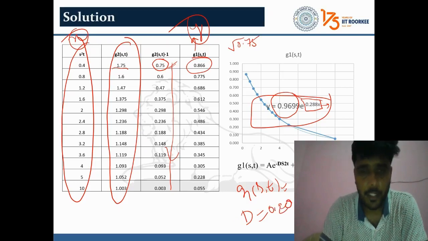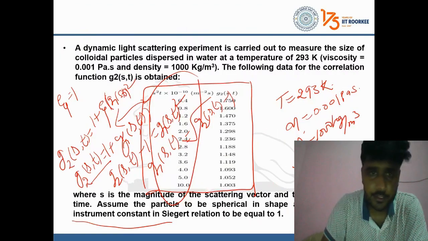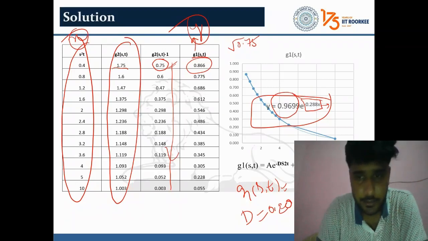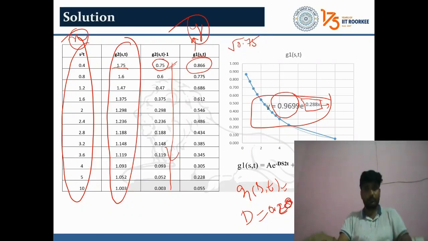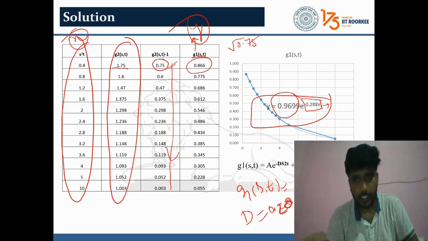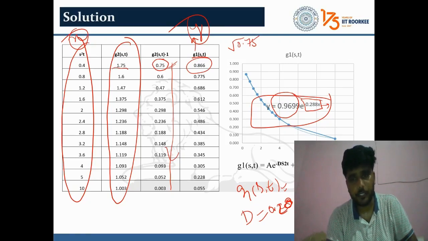I have not included this 10 raised to minus 10 in this curve, so you can just compensate for that. So 0.288 into 10 raised to minus 10 will be the value of diffusion constant. So this is basically the application. From the autocorrelation function you can get the value of diffusion coefficient.